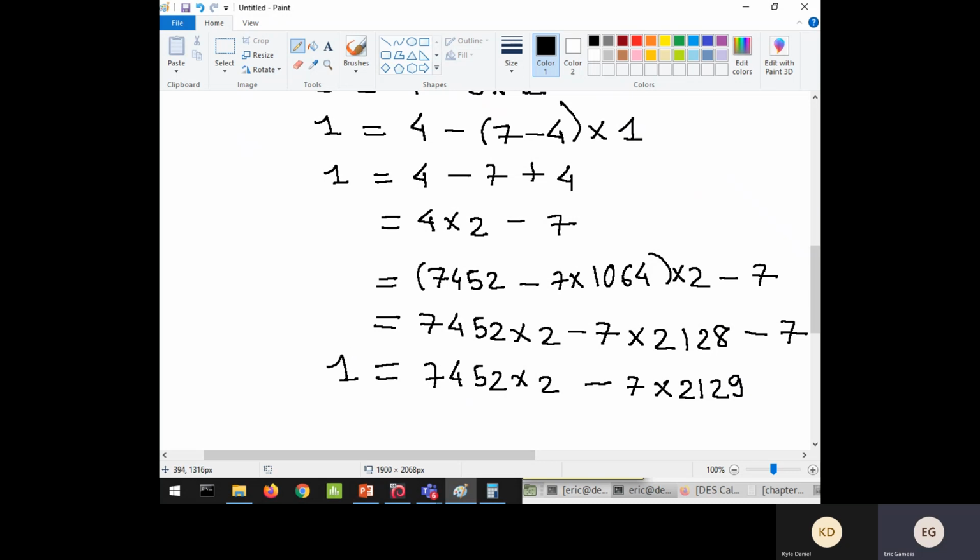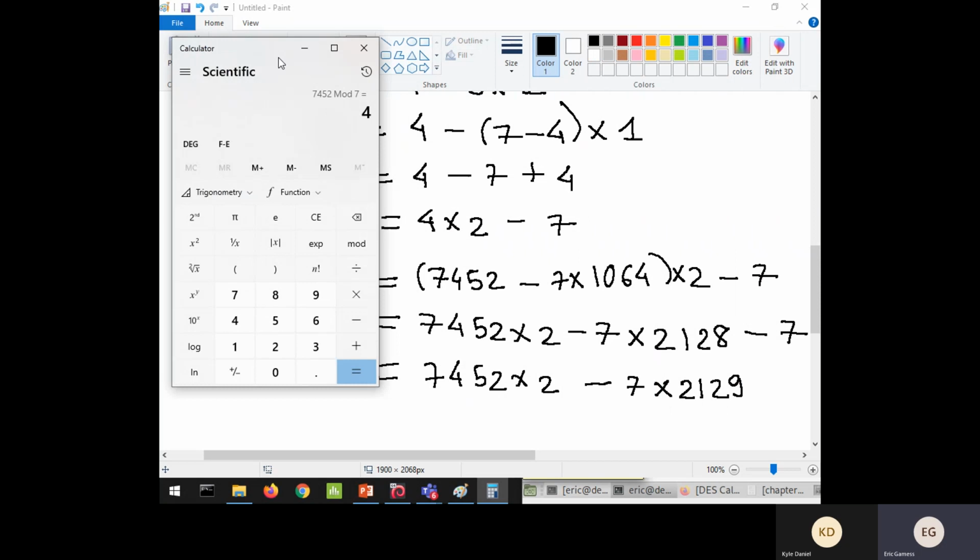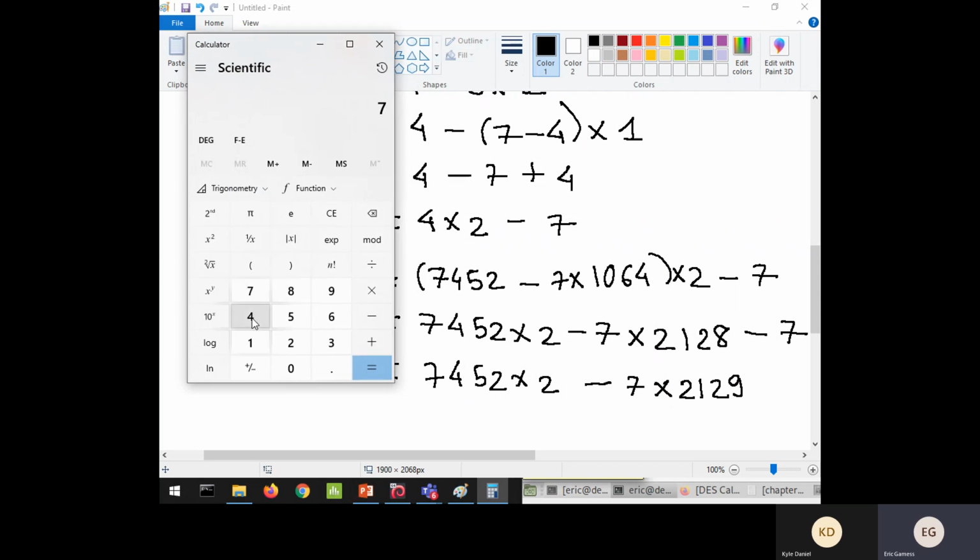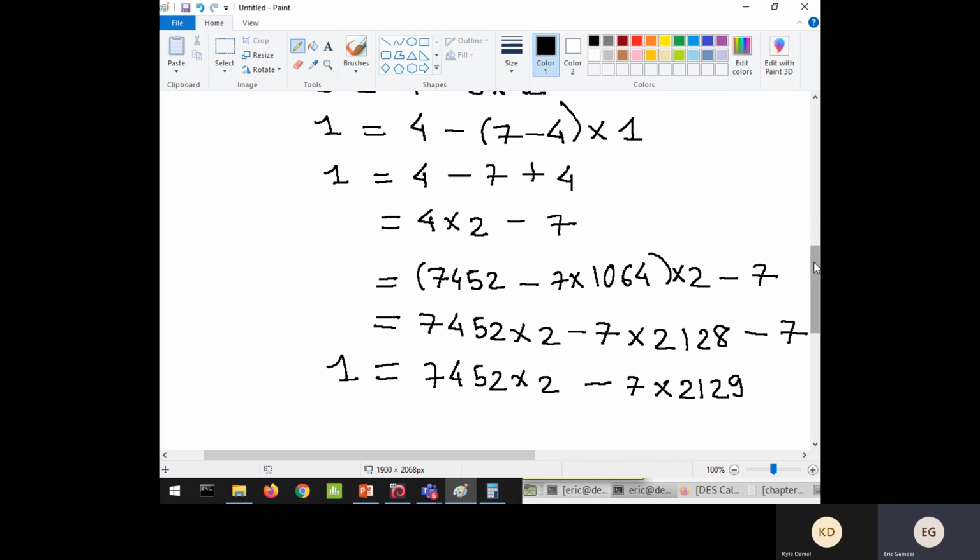So 1 should be that. Let's verify it to be sure that we didn't make any mistake. So if I do 7452 times 2 minus 7 times 2129, let's give me 1. Bingo. We didn't make any mistake.